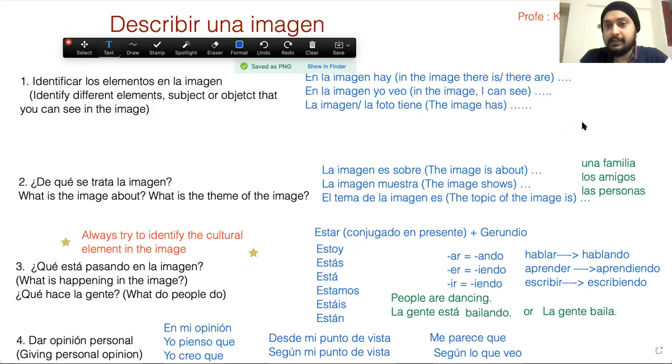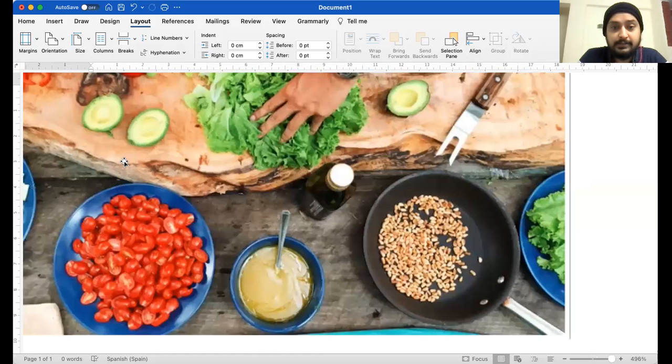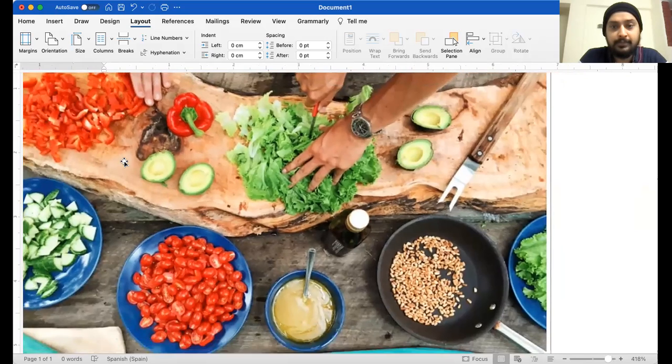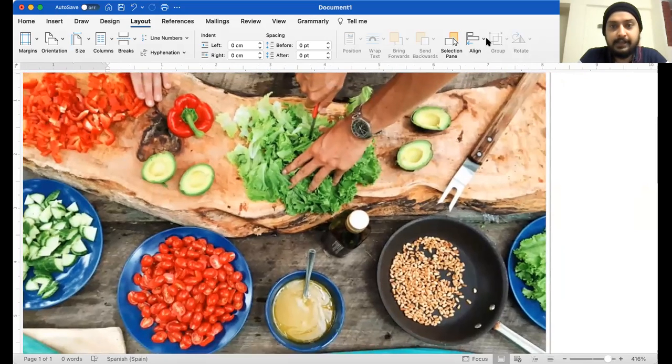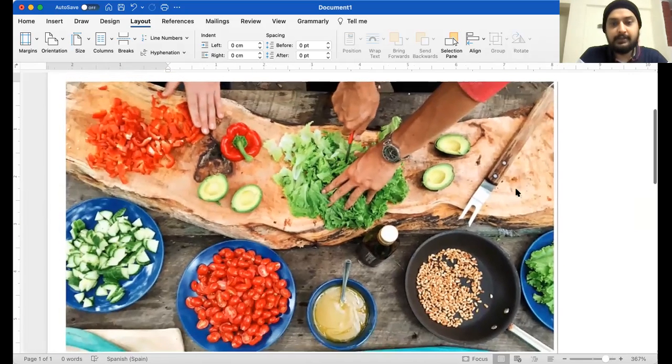So I'm going to share my screen to show another image with you. Okay, so let me share one image from the topic, the food. I hope you can see the image. It's clear to everyone. So giving you 30 seconds, just have a look and check what are the different elements that you can see. In this way, you are supposed to practice and it will be very beneficial for the final orals or final internal assessment.